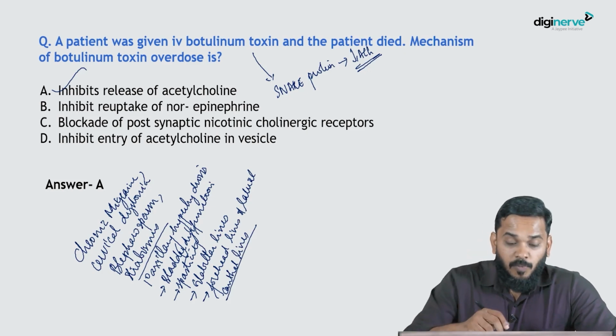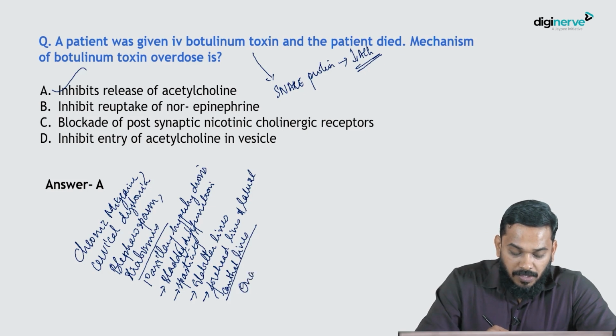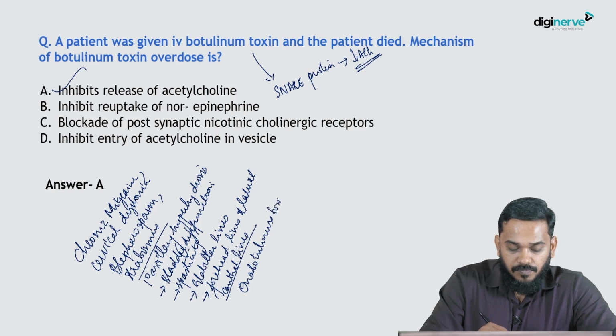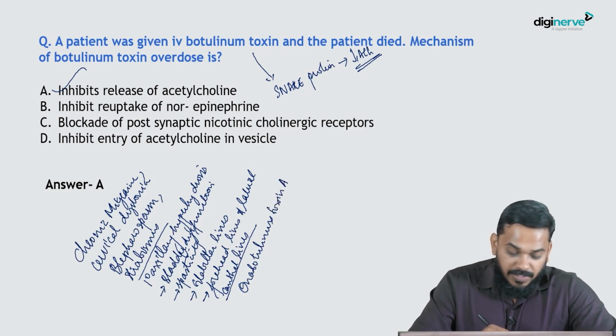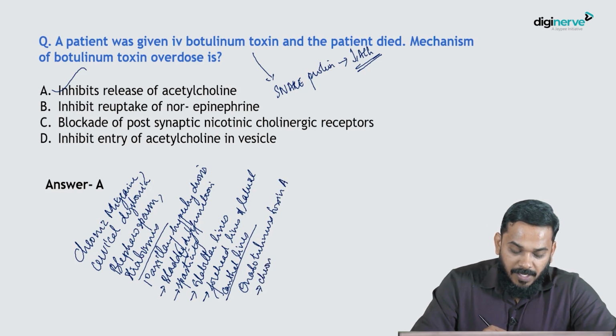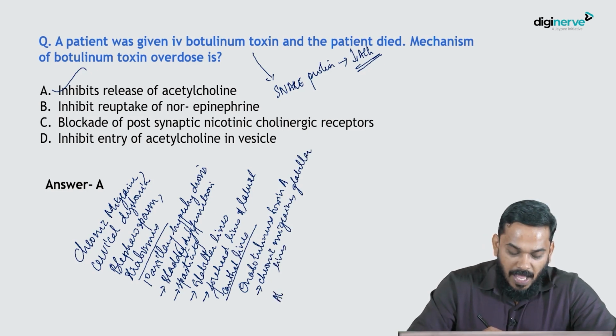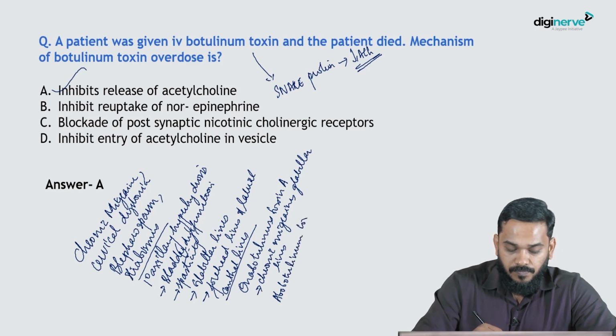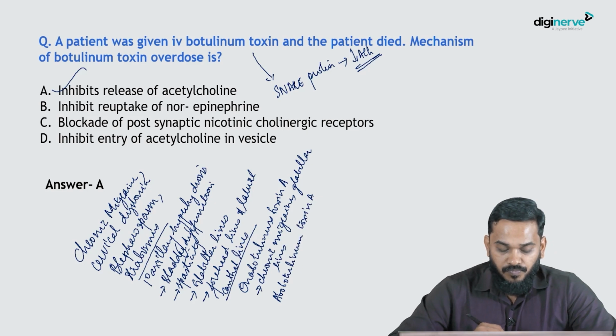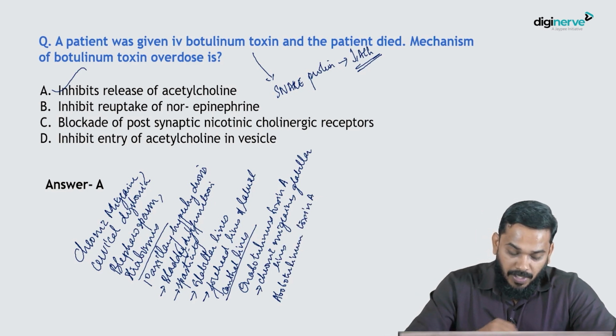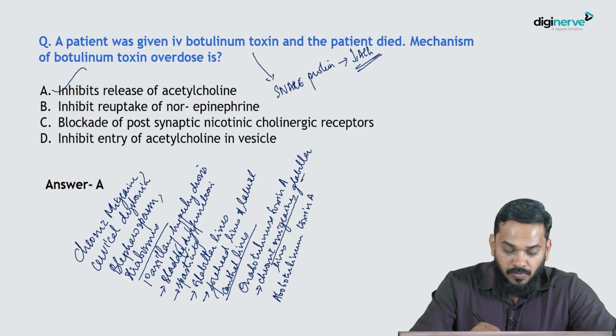Some preparations of botulinum toxin that has been approved are onabotulinum toxin A. It is used for the treatment of chronic migraine and also glabellar lines. Next preparation is abobotulinum toxin A. It is used for migraine and also glabellar lines.